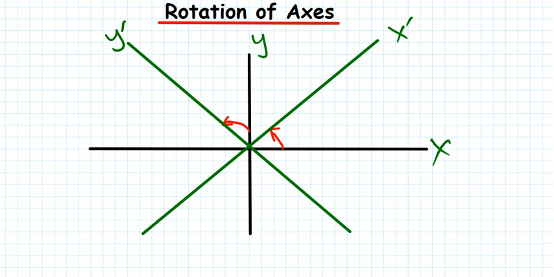Let's picture you had maybe a parabola along the y-axis using the original coordinates. When you rotate it by that same magnitude, it's going to be the same, but in the new coordinate system.